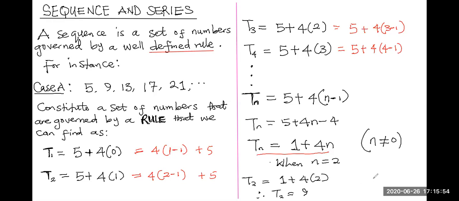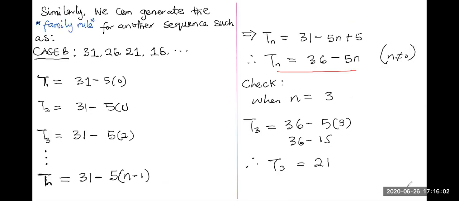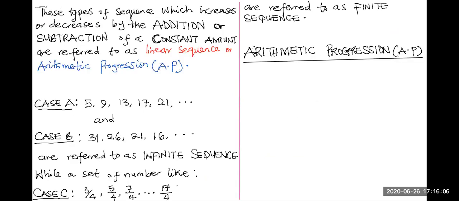Both case A and case B belong to arithmetic progression. Rather than having different formulae for different families of numbers, we can generate a general formula that will be applicable to all the sets of numbers that fall under arithmetic progression.